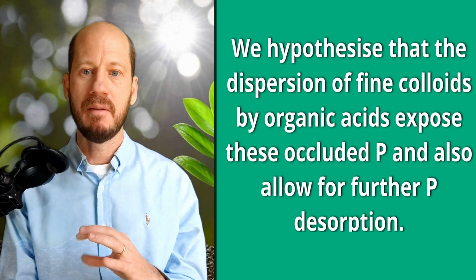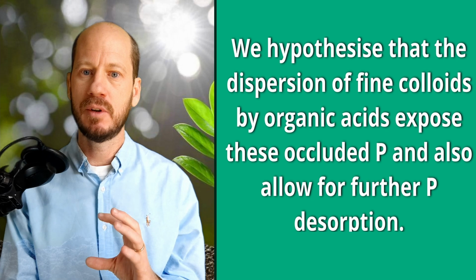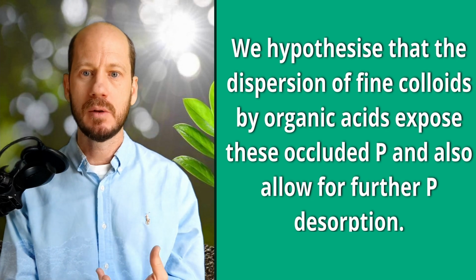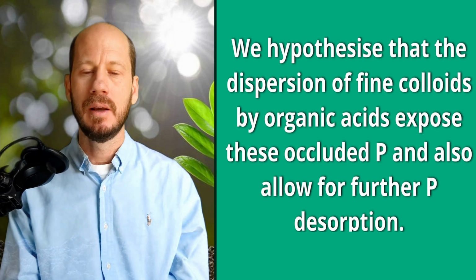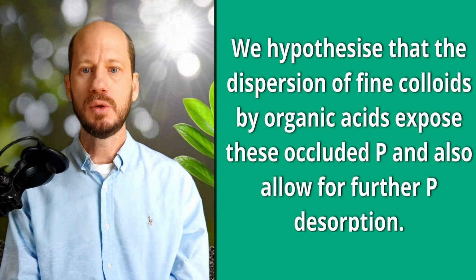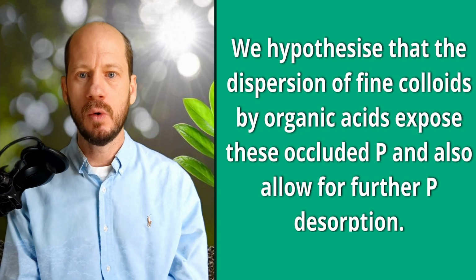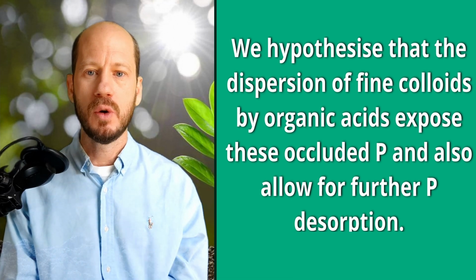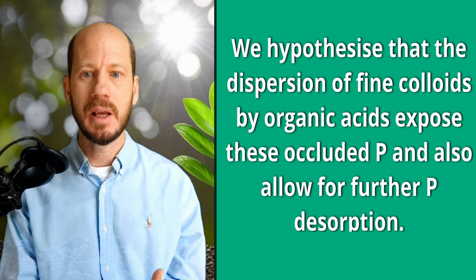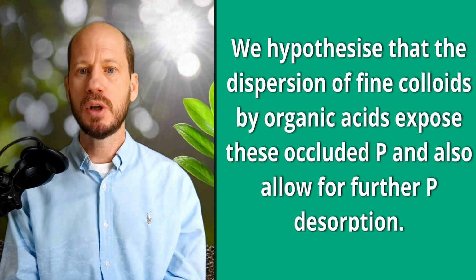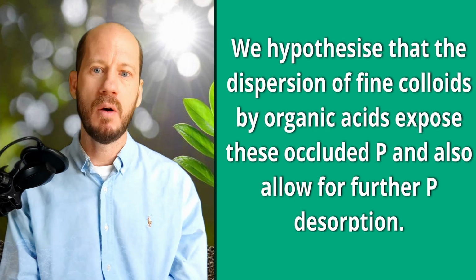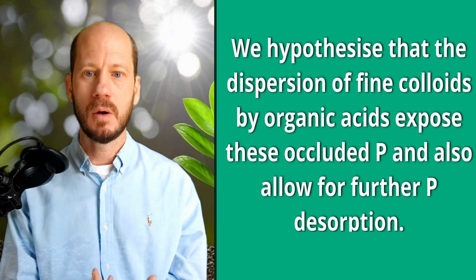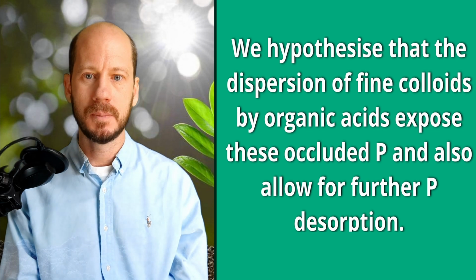Some phosphorus is available for desorption, and some other phosphorus is hidden from the soil solution because it is inside these microaggregates. In order to demonstrate that, we should show that by applying citric acid to the soil, this disaggregation is happening, and that it is proportional and concomitant to the appearance of phosphorus in the soil solution, and also to the changes in the phosphorus desorption kinetic parameters.